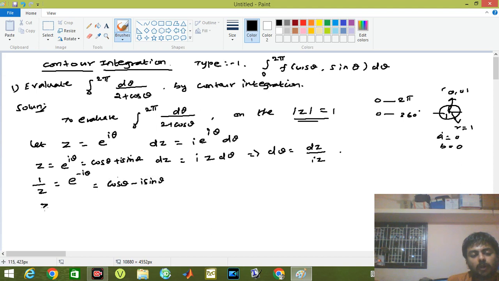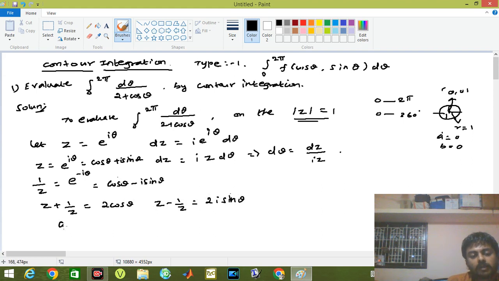So z plus 1 by z equals 2 cos theta, and z minus 1 by z equals 2i sin theta.